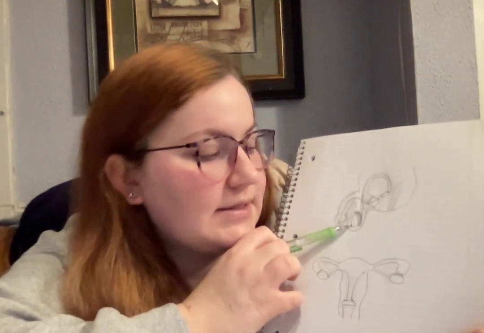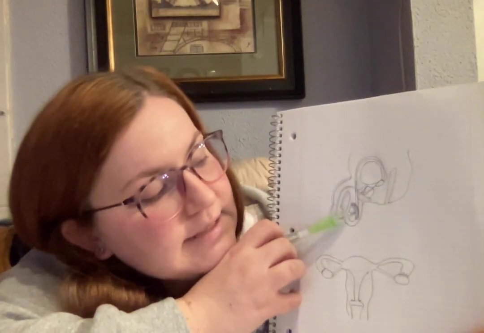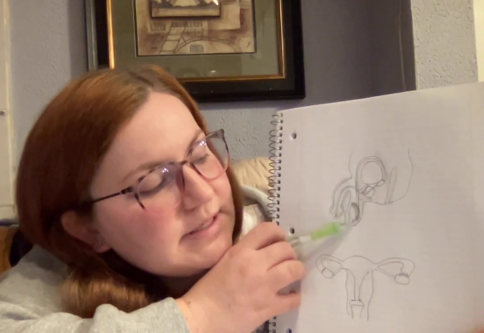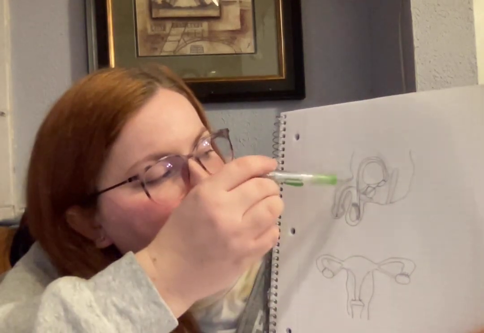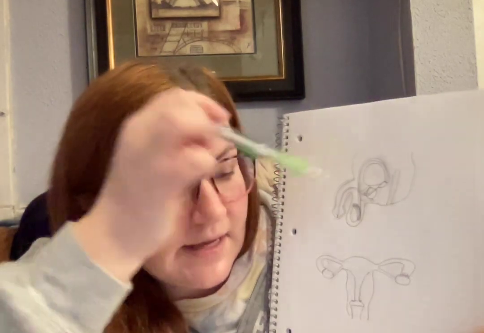We have the testes right there, and what encases them is called the scrotum. On the testes, we have the epididymis, which leads off into the vas deferens, or the ductus deferens.